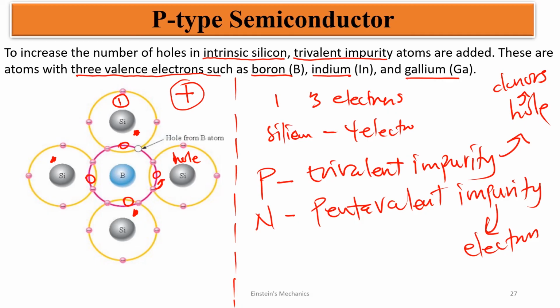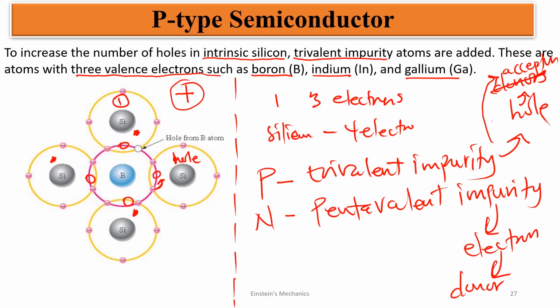So this will be an acceptor and this will be a donor. It needs one more electron to complete the hole. So it is now accepting. Are we okay? So this is a brief explanation of how the p-type semiconductor is formed.